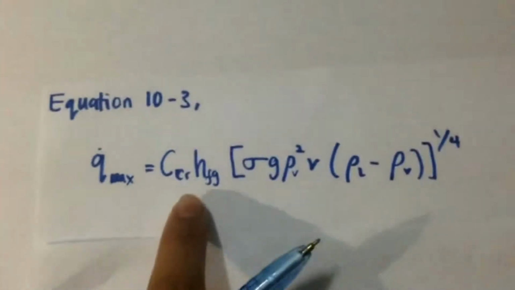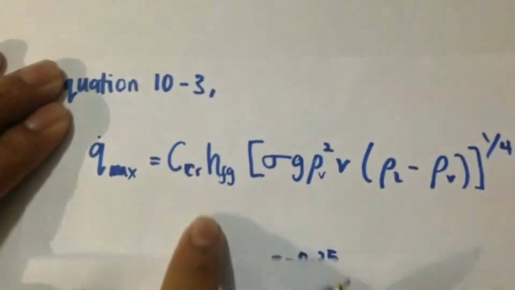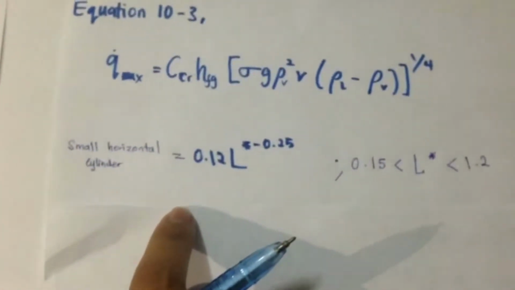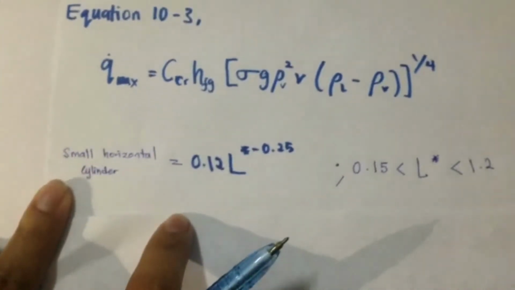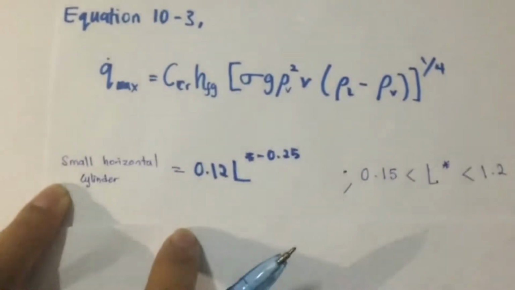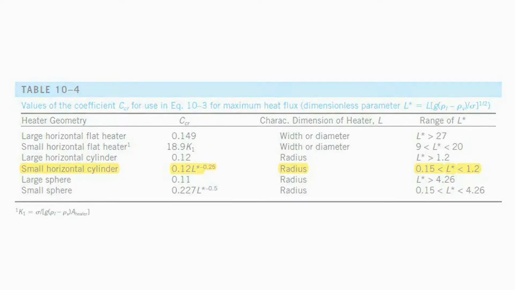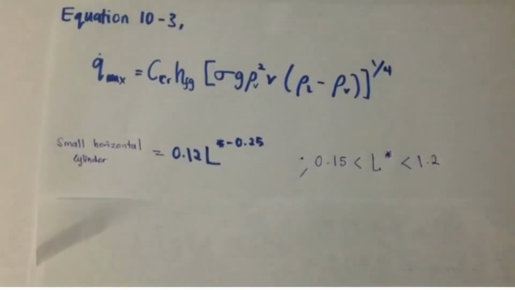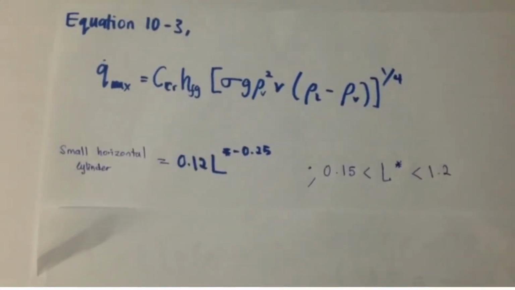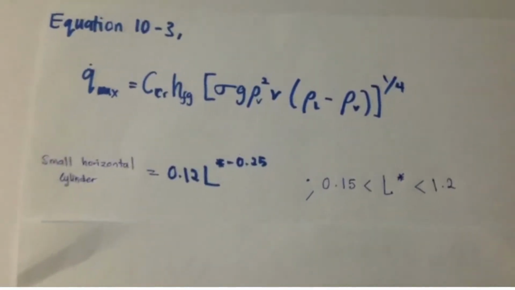To find the CCR, which is the value of the coefficient from table 10.4, we assume this is a small horizontal cylinder because the length of the nickel wire is 30 centimeter, not in a meter.